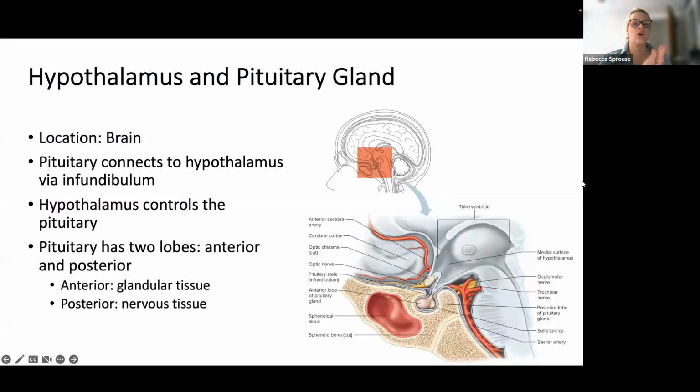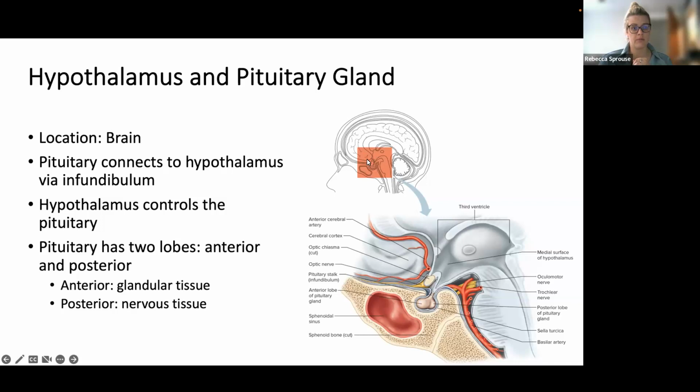All right, so the hypothalamus and the pituitary gland, they're very close together anatomically, and they also work very close together. So here in the brain, in this region here, we have the hypothalamus right in here with that little pituitary structure hanging off the brain itself.